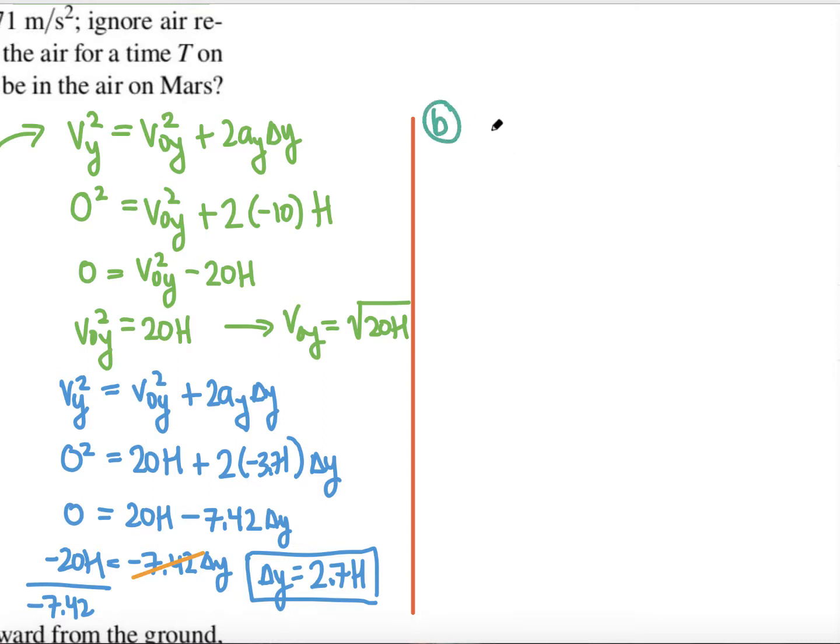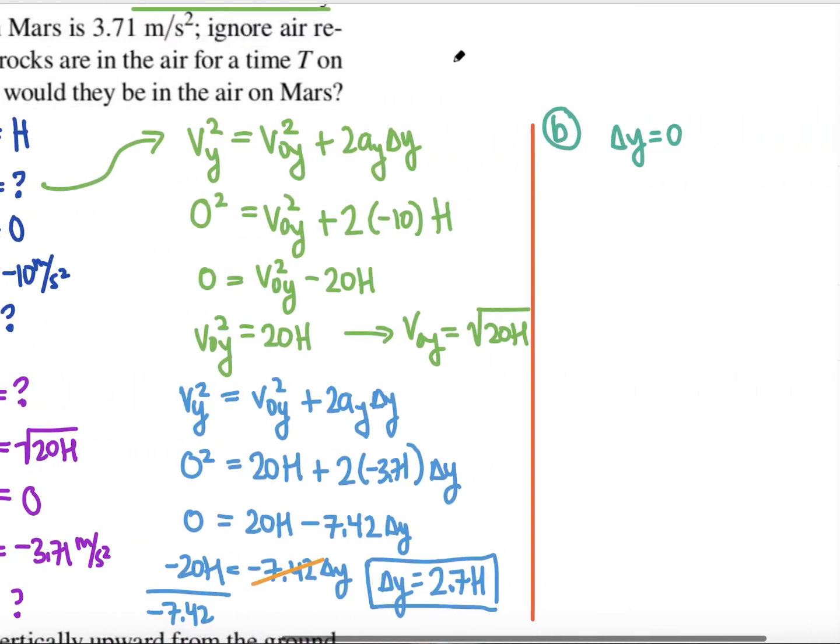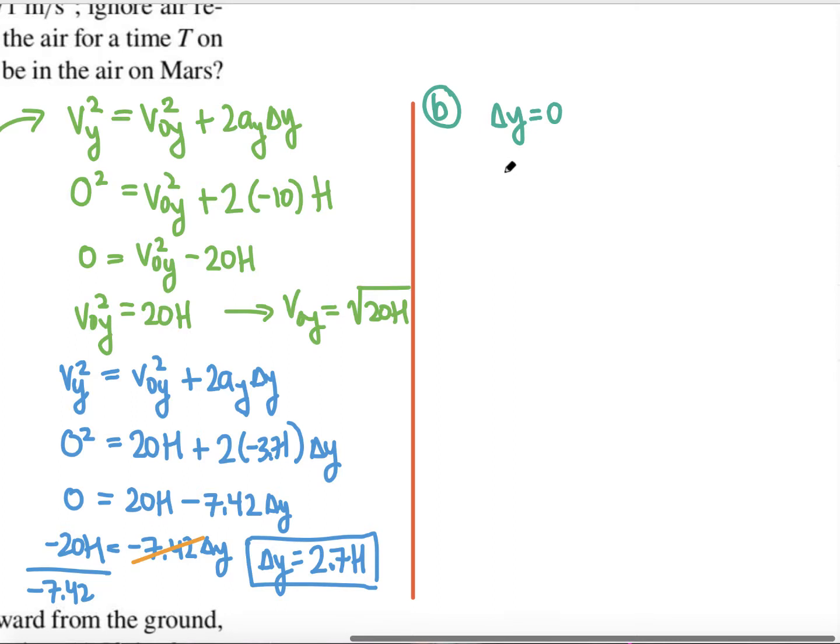And so for B, we have a delta y of 0. So it says we have time t on Earth. So on Earth, let's actually figure out how long this capital T is. So we know delta y is 0. We know our initial velocity is square root of 20h.